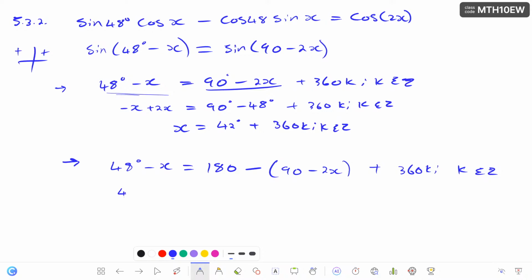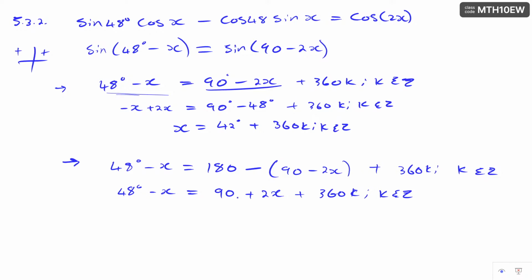This one is the same thing as 48 degrees minus x is equal to 180 degrees, negative 90. 180 minus 90 is the same thing as 90. So this one and this one is going to be positive 2x plus 360k, where k is an element of the integers.